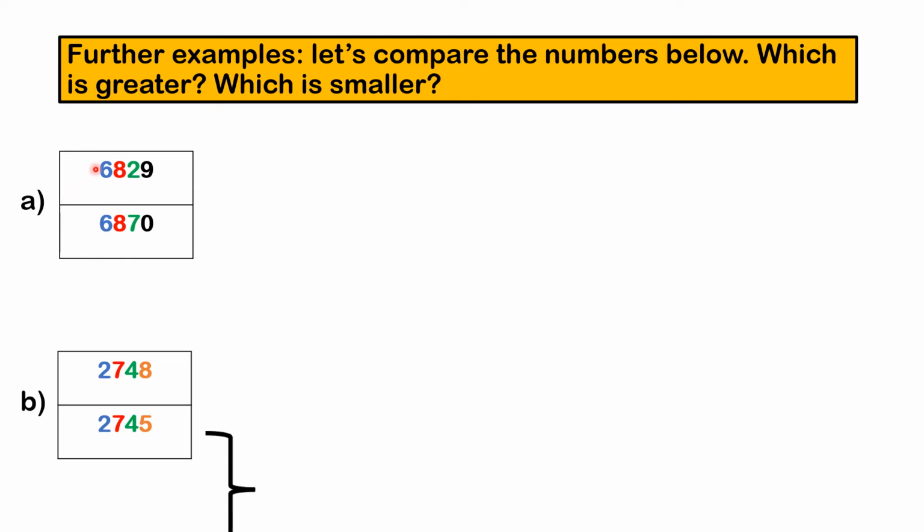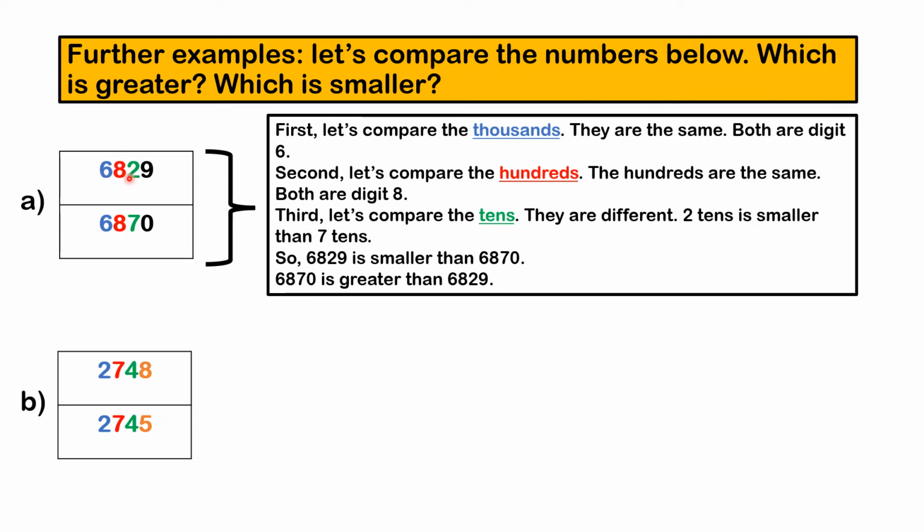Here we have in the thousands, which is in blue, the digit 6, which are both the same. Same goes with the hundreds, which is in red, we both have digit 8. So we cannot compare as well.